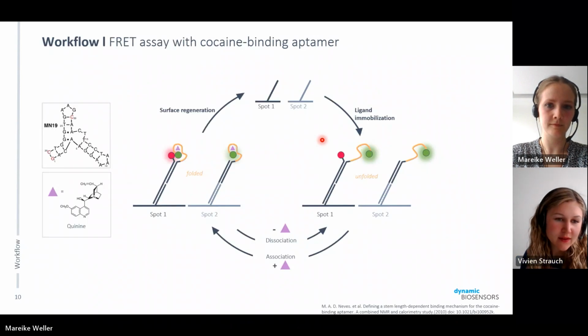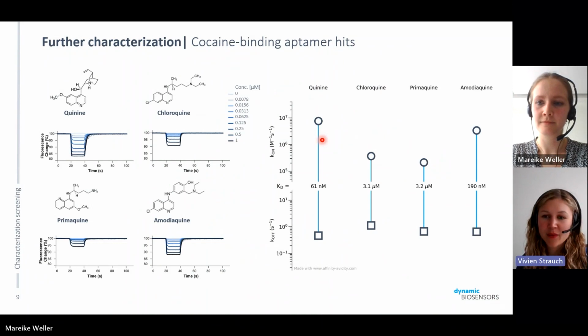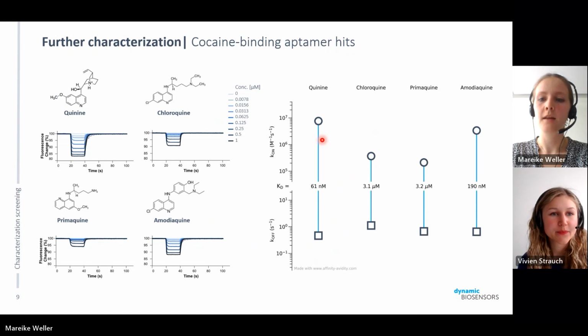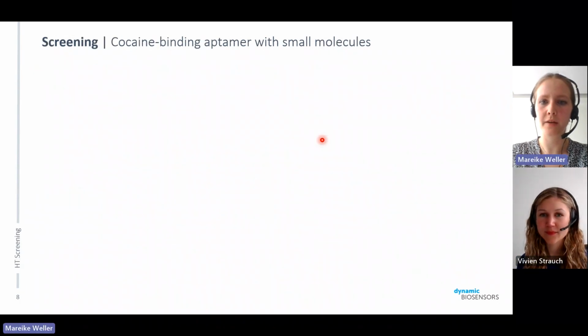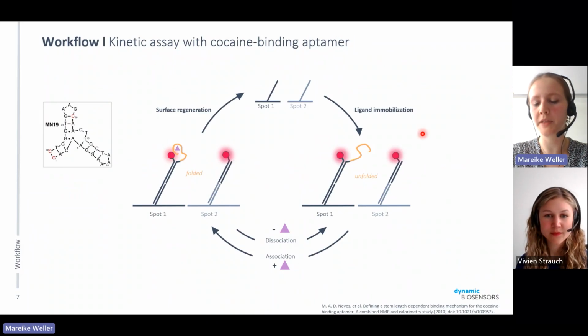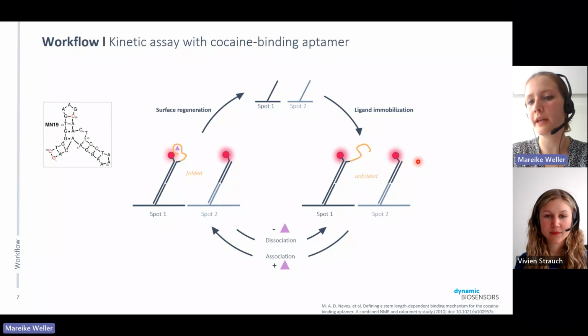The question is whether we normalize the data to spot 2 in that case. Yes, on spot 2, I go back also to the overview. You remember that here is only the ligand-free strand, meaning there is no ligand, it's just double-stranded.